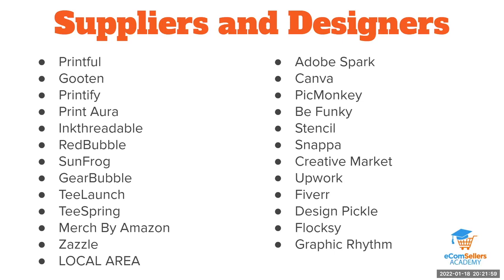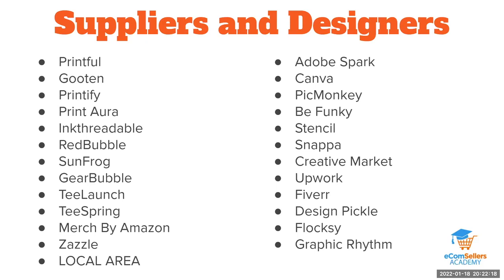Then when people buy from Shopify, the integration between Shopify and the supplier will automatically fulfill the order, and you don't even have to touch it. And then there would be a certain amount that you would make, or whatever your royalty is.